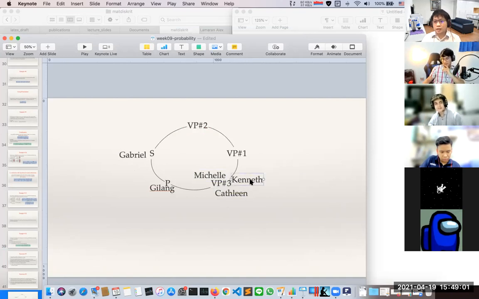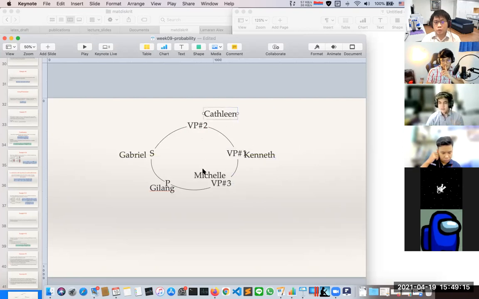Let's say, since it is too confusing, right? That's why in my earlier picture here, I separate into vice president 1, vice president 2, and vice president 3. Let's say Kenneth becomes 1, Kathleen vice president 2, Michelle vice president 3. So in this case, it does not matter.